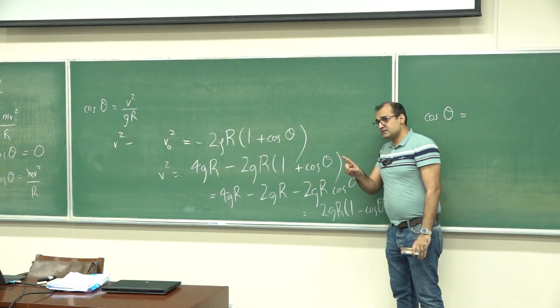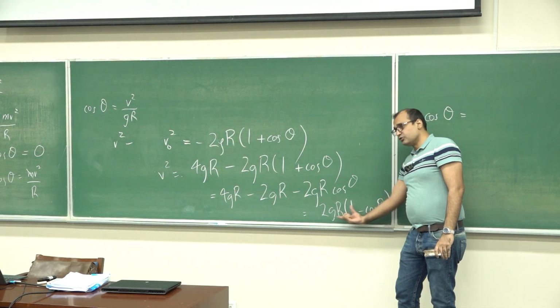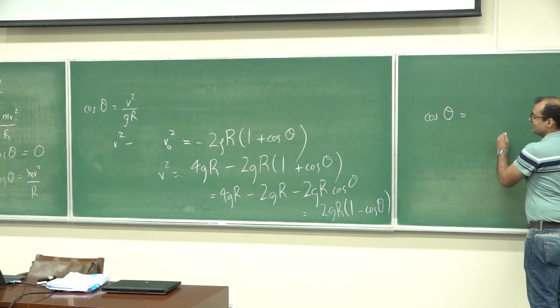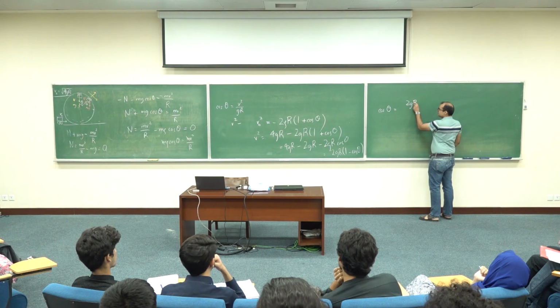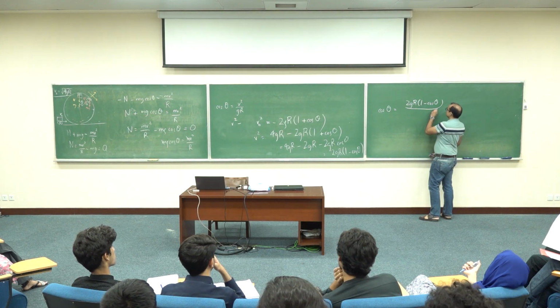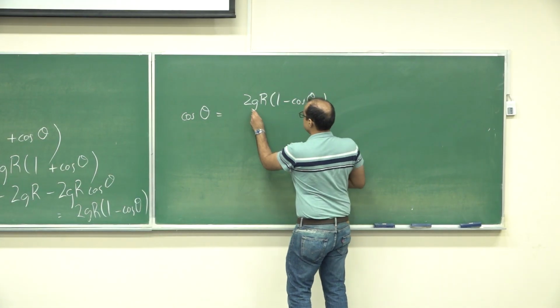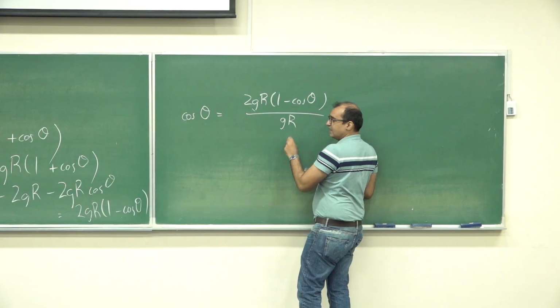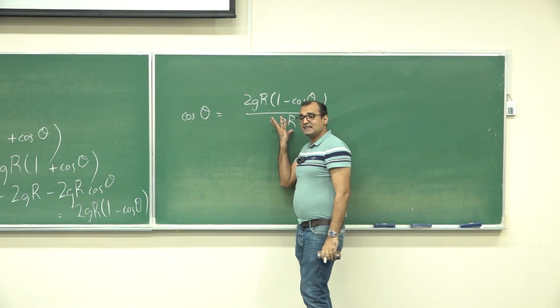The speed at the angle at which it loses contact is equal to that, where theta is the angle at which it loses contact. So this is then equal to v squared, which is 2gr times 1 minus cos theta, divided by gr. And you know the dimensions should come out like this on the right hand side.